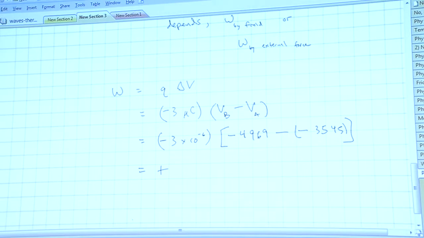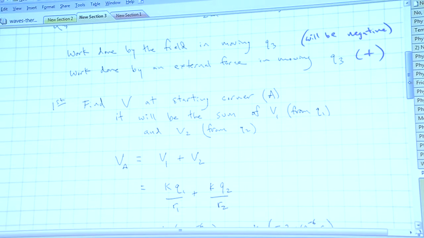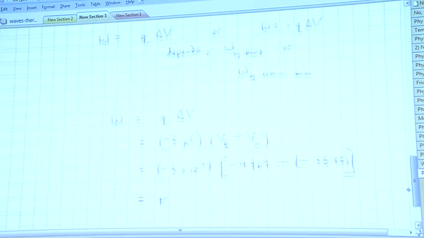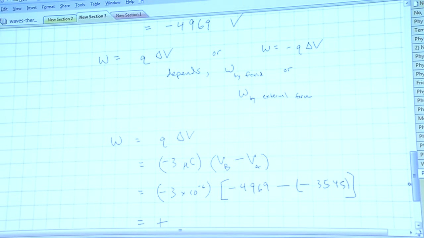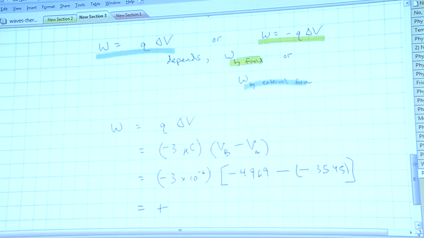In this case, this is positive, so this has to be the work done by our external force. What'd you get?